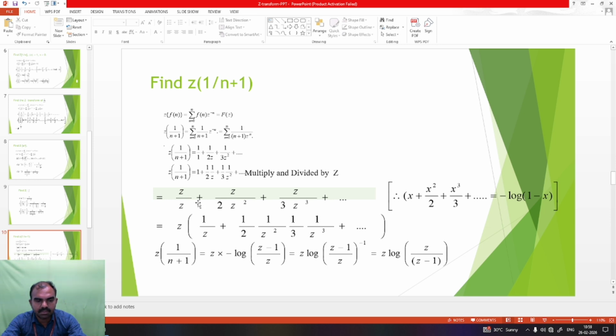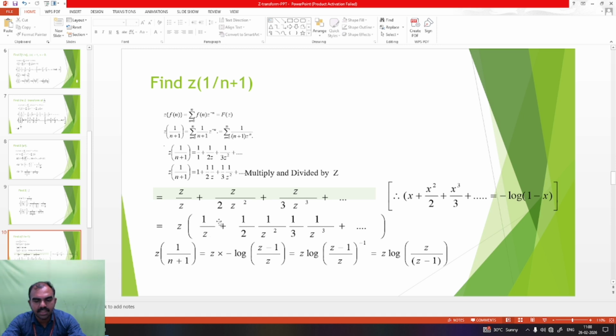So z by z, plus here z by 2z square, plus z by 3z cube, and so on. So take the common value of z. What is the remaining? 1 by z plus 1 by 2 times 1 by z square plus 1 by 3 times 1 by z cube, and so on. So now this is the expansion of x plus x square by 2 plus x cube by 3 and so on. So here what is the x value?